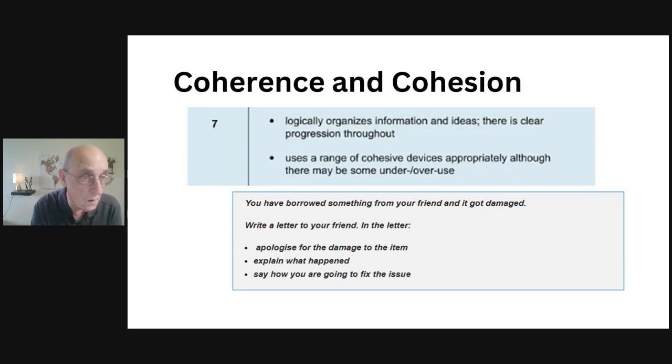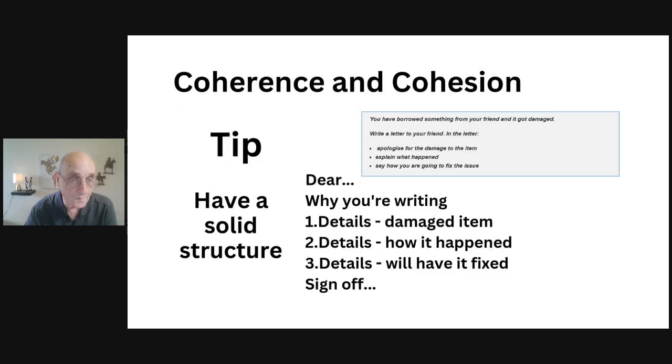And if your letter includes everything that's given to you in the prompt, you will have a coherent and cohesive letter. And I'm going to give you some tips specifically about doing this. So how to have a solid structure.